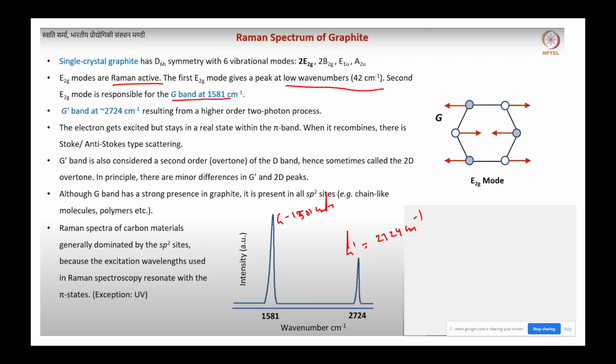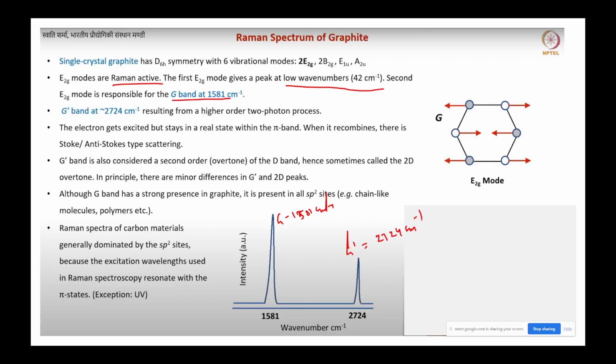Okay, so the G dash band is also considered a second order of the D band, which I showed just now. We can also say the 2D band. Hence, sometimes it is called the 2D overtone. In principle, there are minor differences in G dash and 2D peaks. So, although the G band has a strong presence in graphite, it is present in all sp2 sites.